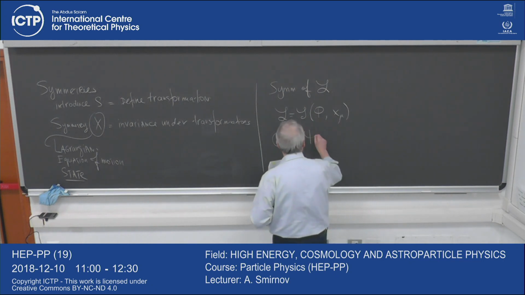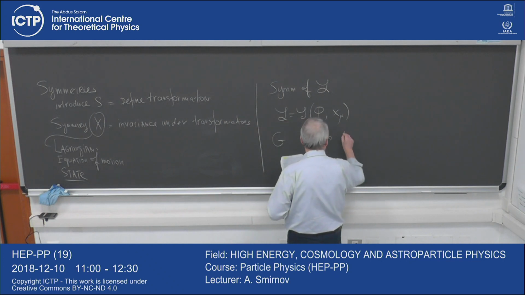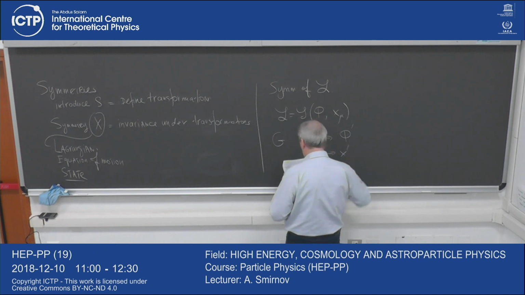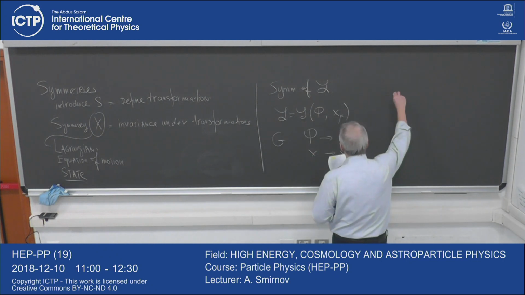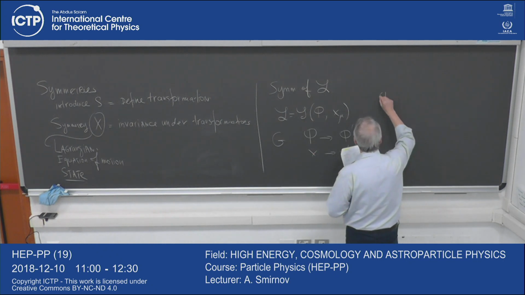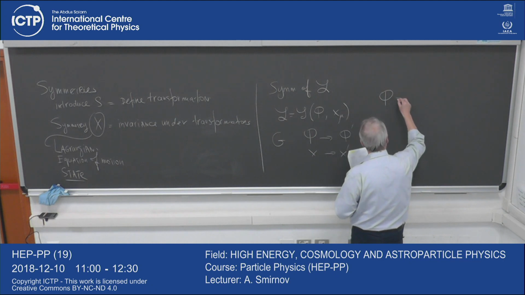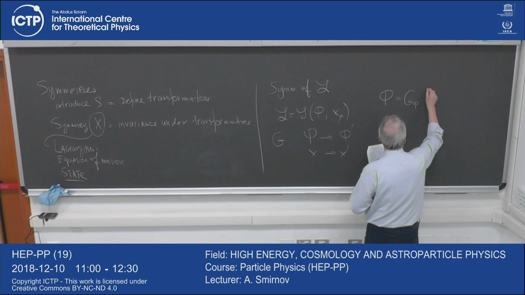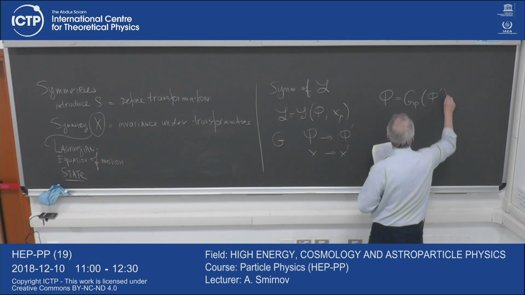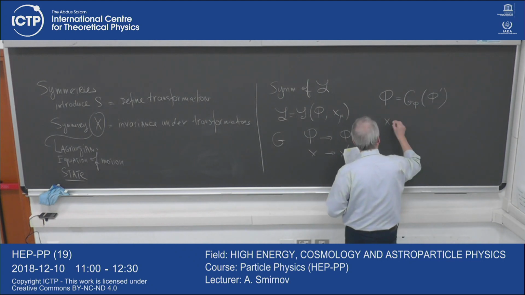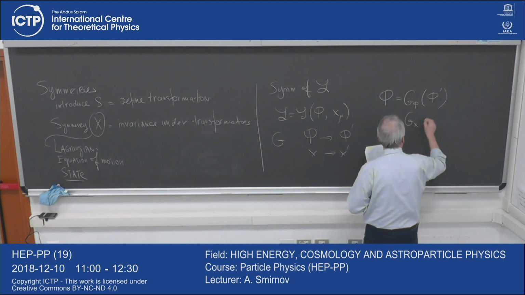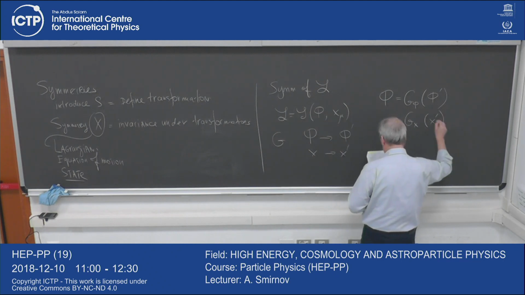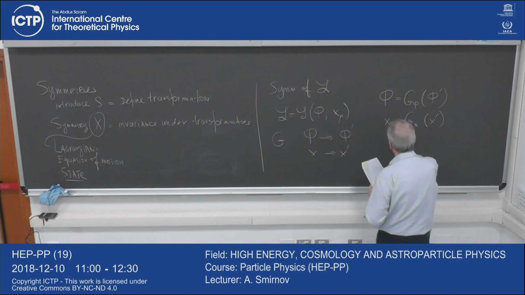So we transform f to f prime, x to x prime, and the transformation law gives us relation between original fields and transformed and original coordinates and transformed coordinates. So this is transformation law.